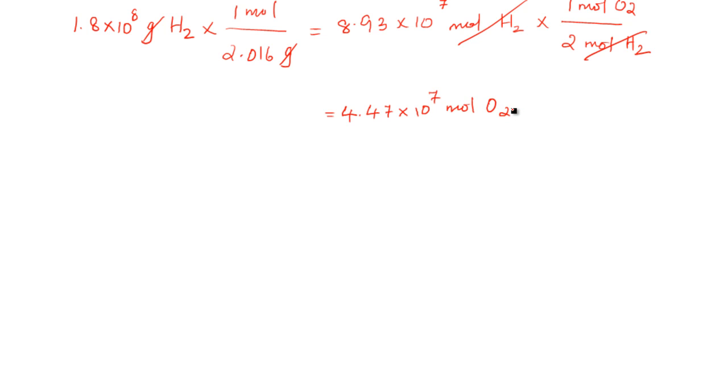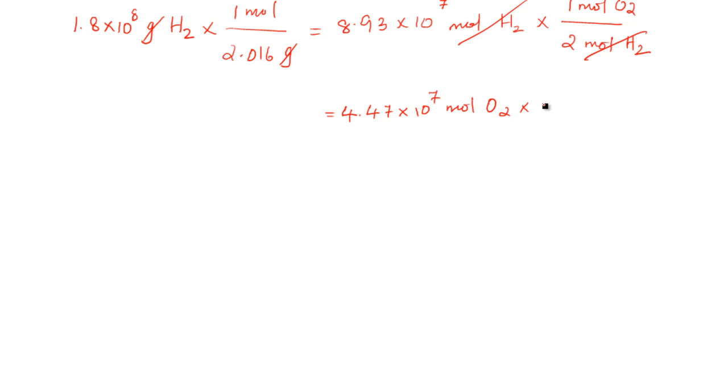Was the question asking how many moles of O2 is consumed? It's asking how many grams of O2 is consumed. So what is the last step? Converting these moles of O2 to grams of O2. What do you need? Molar mass of O2, which is 32.